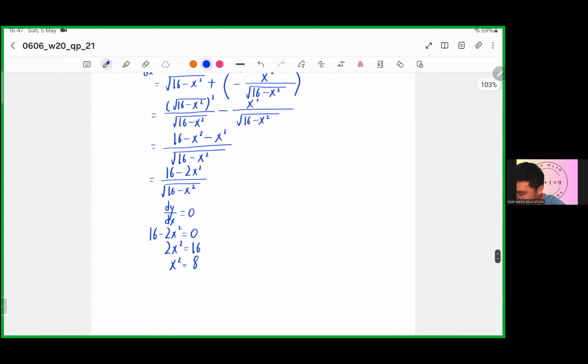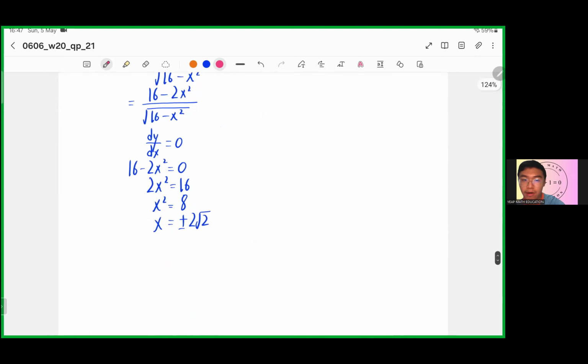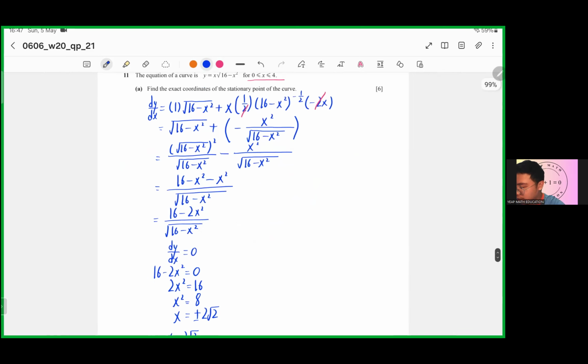So now we get the answer positive and negative. But the problem is, you see back for this part, this is the domain, right? So we just take positive only. We don't take negative.